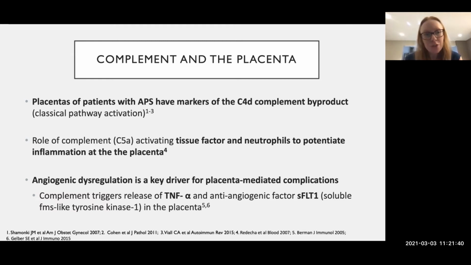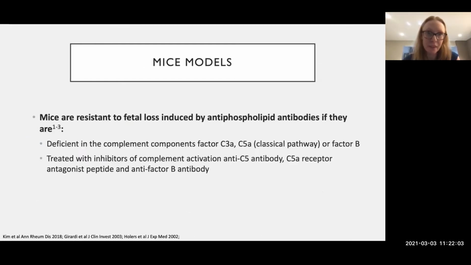And that angiogenic dysregulation is a key factor for placenta-mediated complications, and that we know from studies in patients with antiphospholipid antibodies, or maybe mice models as well, that this complement triggers TNF alpha and anti-angiogenic factors within the placenta.